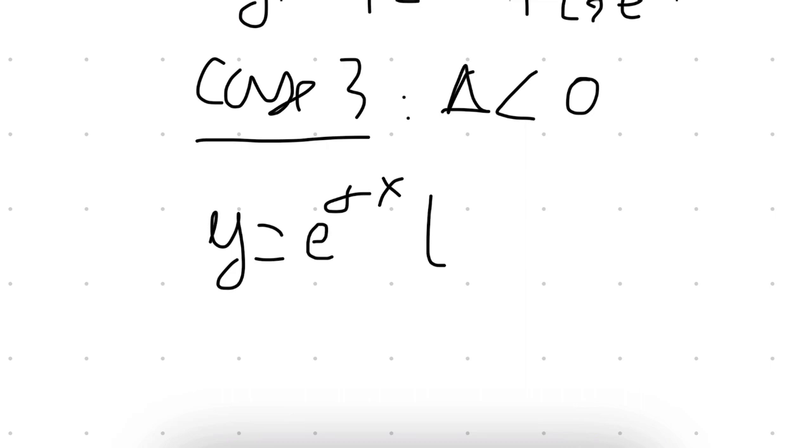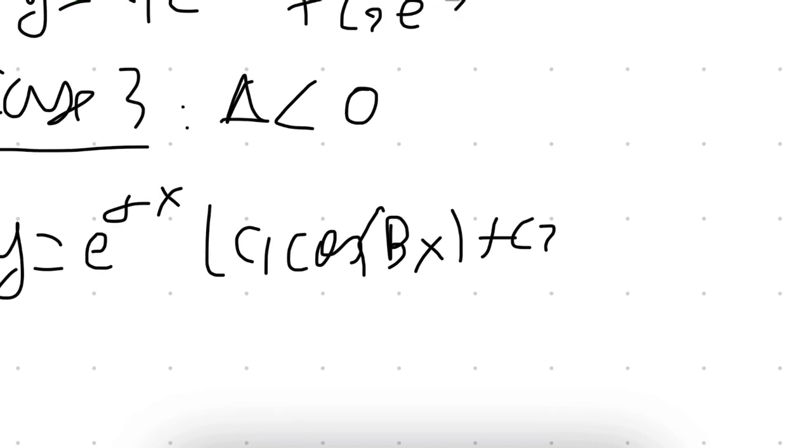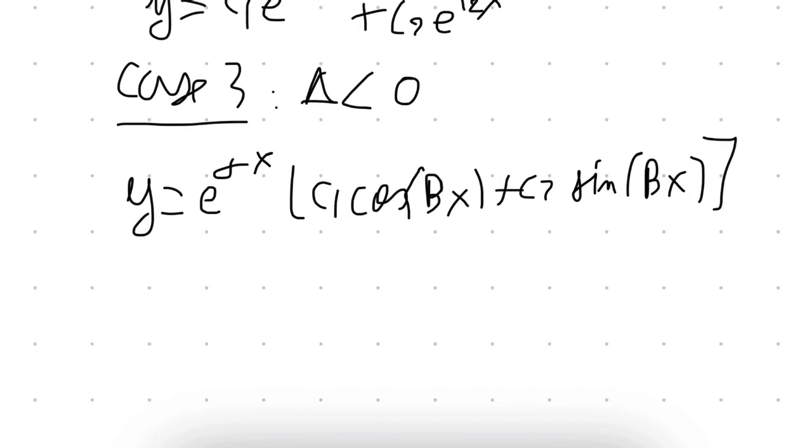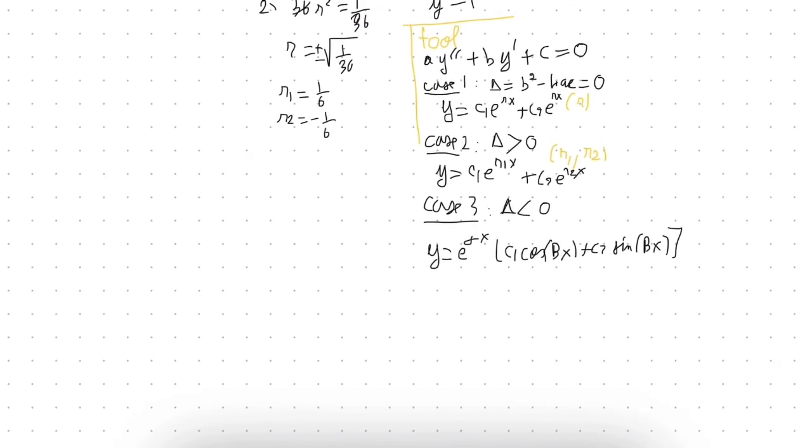So our answer is going to be C1 cos(beta x) plus C2 sine of beta x. Okay, now let's go back to our exercise.